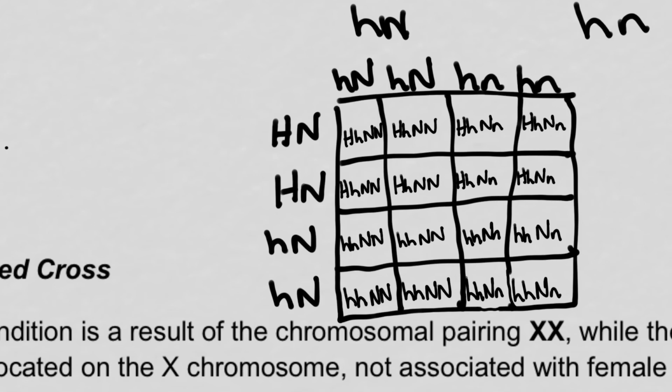All right, so then for our genotype and phenotype ratios, let's look for all the heterozygous at both first. Okay, so four out of 16, and that is going to be Huntington's and normal for Tay-Sachs.